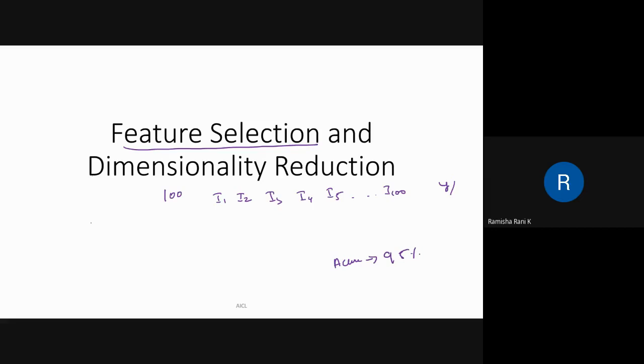Consider this is a medical application. You are going to build a medical machine learning model for kidney disease. You have 100 columns and you have to predict whether this person is going to have kidney disease in future. If the answer is positive, otherwise negative. You have 100 columns and the model accuracy is 95.